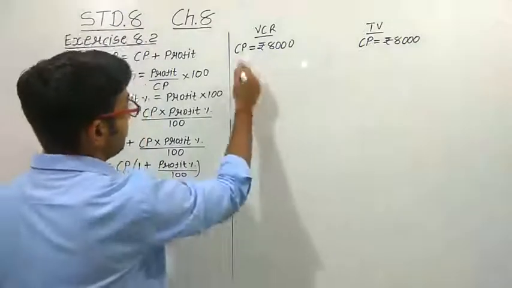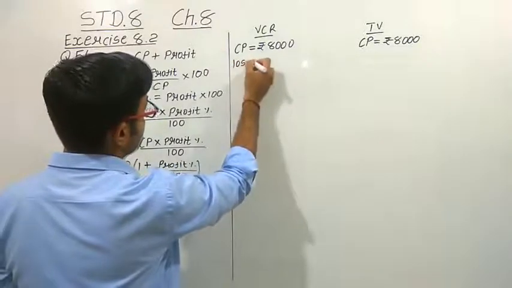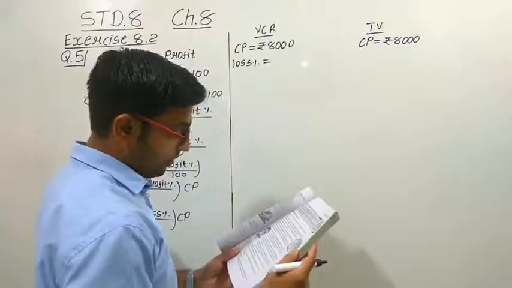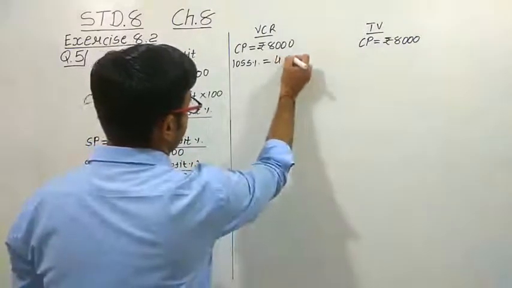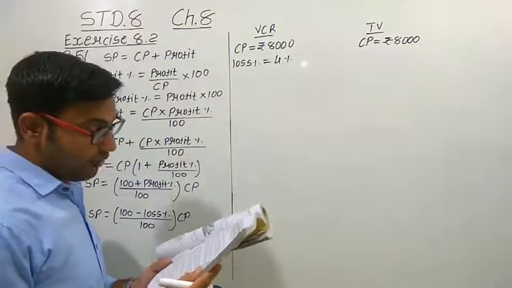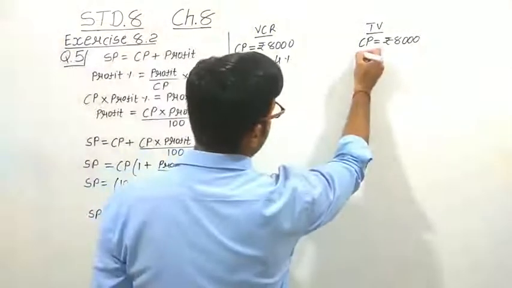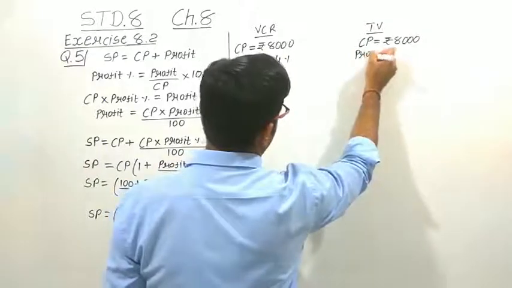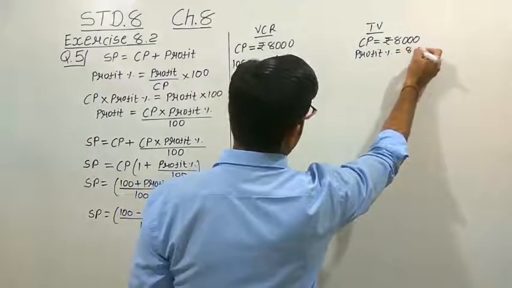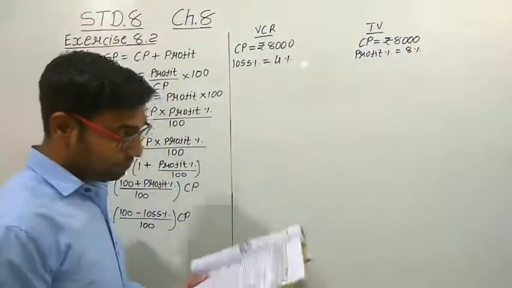So in VCR he make a loss, but loss we have given in the percentage, and the loss percentage we have given, that is 4%. Okay, and he is making a profit of 8% on the TV. So here we have to write down that profit percentage is equals to 8%, right?